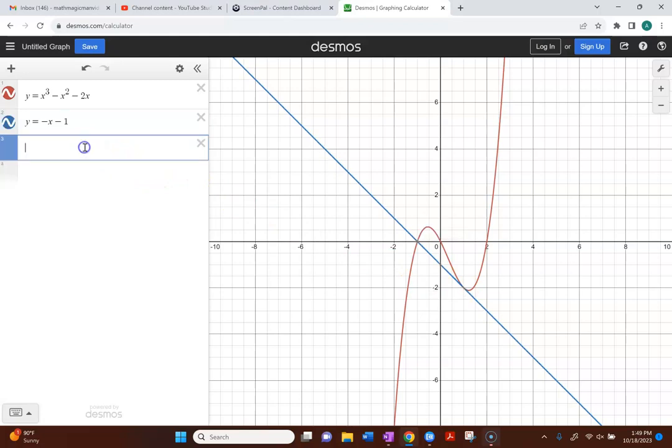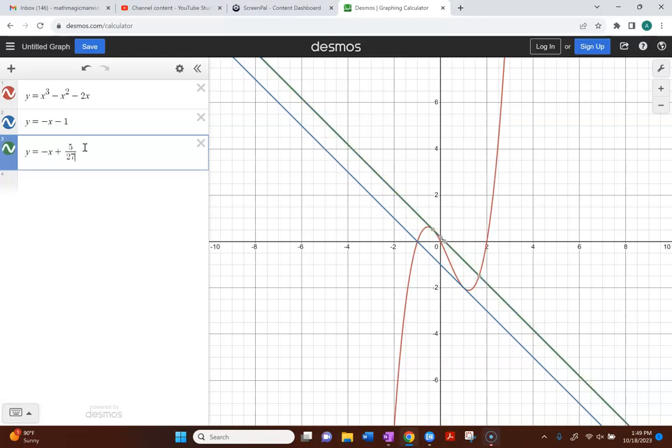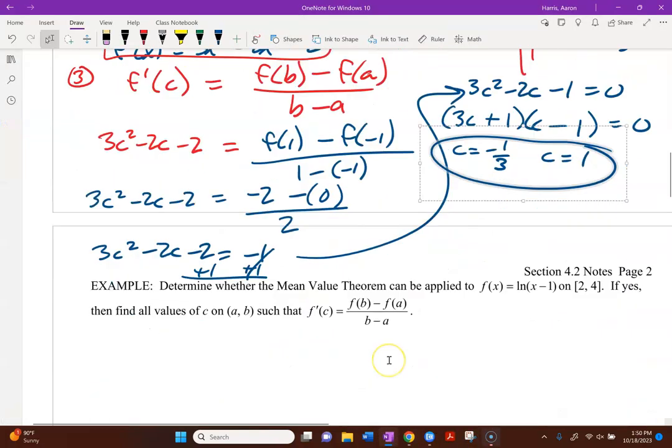The C value ended up being -1/3 for one of them, so here's the line for -1/3. You see how the green one is parallel to that blue one? And then our other C value was actually at 1. Notice it is the original 1 anyway. There's that tangent already going through. So there's a visual of that one.